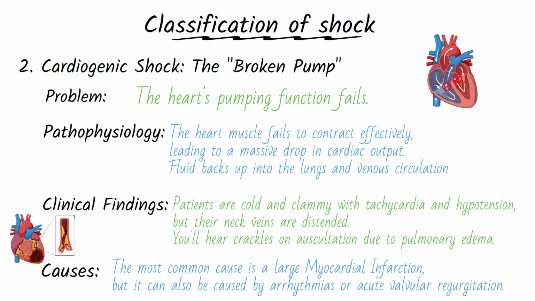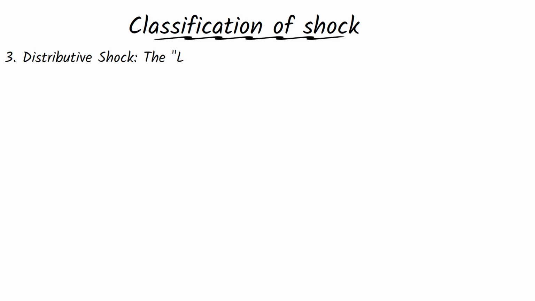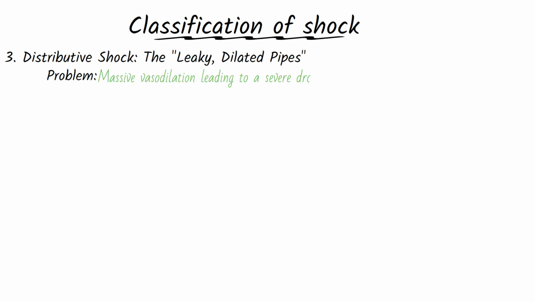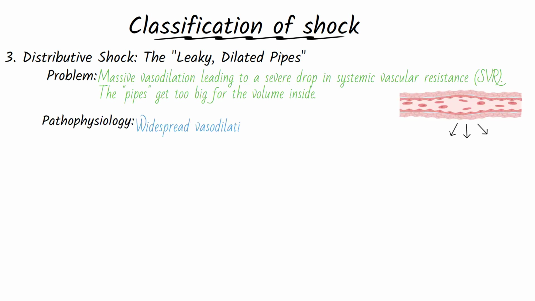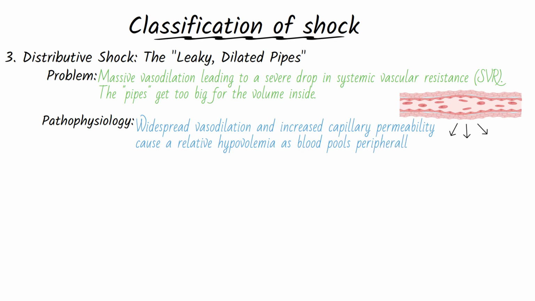Then distributive shock, which represents the leaky dilated pipes. Here the problem is massive vasodilation leading to a severe drop in systemic vascular resistance. The pipes, that is the vessels, get too big for the volume inside. Widespread vasodilation and increased capillary permeability cause a relative hypovolemia as blood pools peripherally.